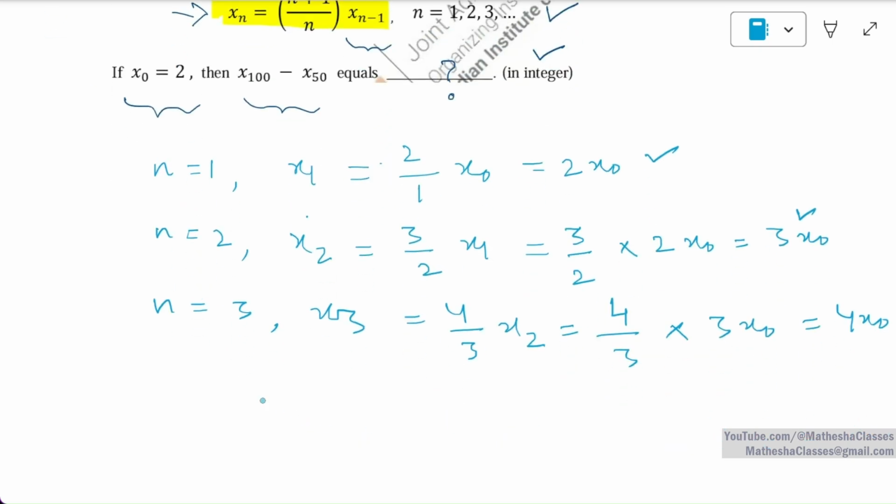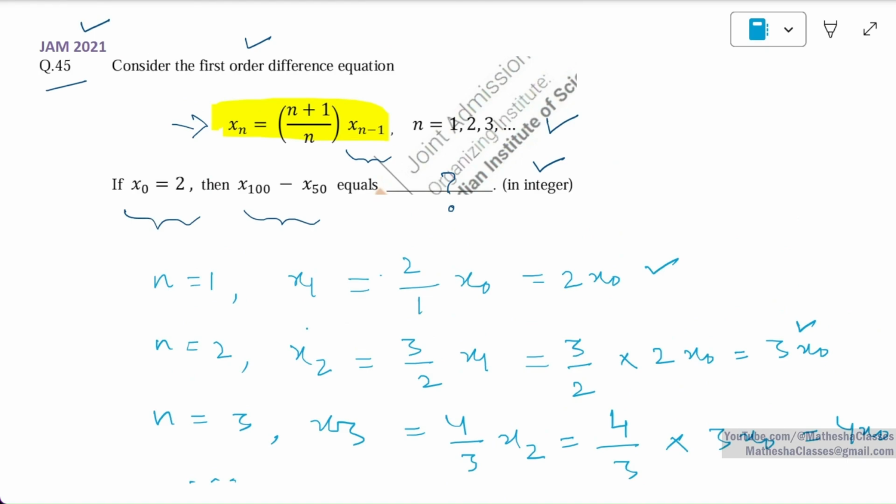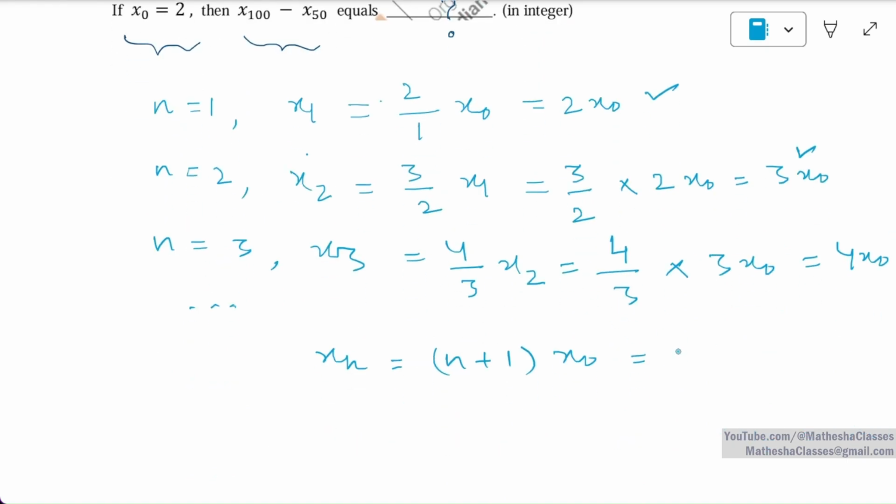So if we keep proceeding like this, we'll get x_n = (n+1) x_0, and it is given that x_0 = 2, so x_n = (n+1) times 2. So in place of n, if you put n = 50, then you will get x_50 = 2 into 51.